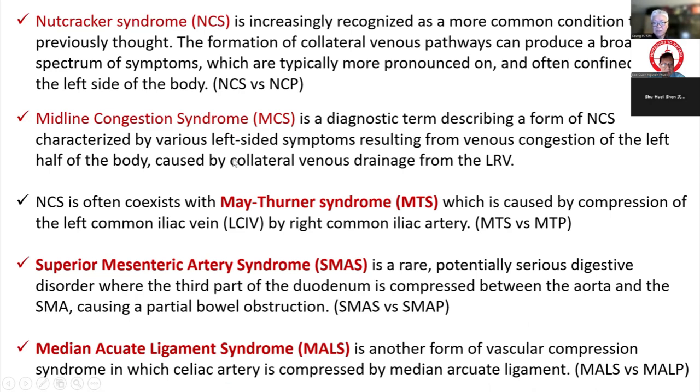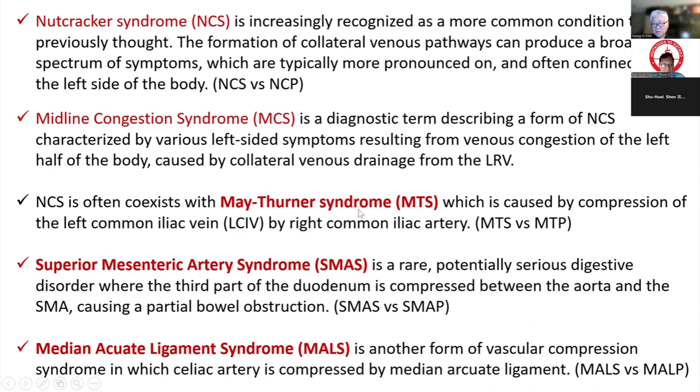As an associated condition to Nutcracker syndrome, one we often see is May-Turner. May-Turner is the name of the physician describing this syndrome, May-Turner syndrome, which is caused by compression of the left common iliac vein by the right common iliac artery.